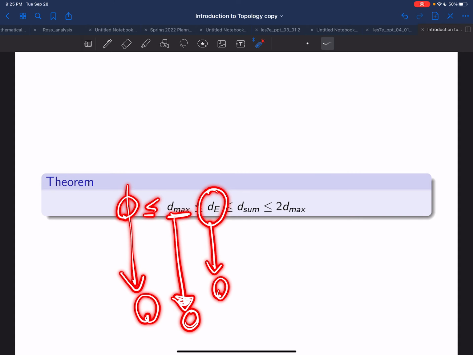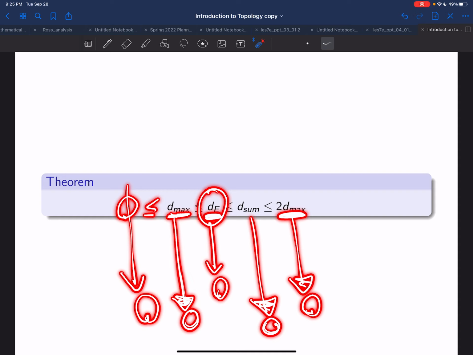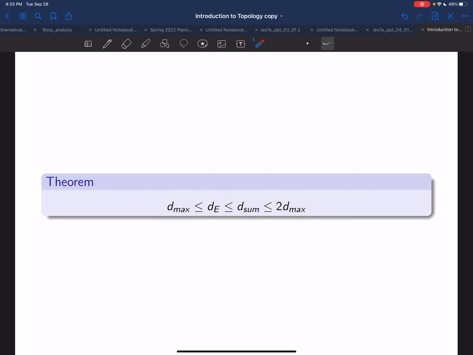And now once we know that this is going to 0, 2 times it is also going to 0. And now we have this is going to 0, this is going to 0. So we're going to 0 in our sum metric. And I won't go through all the different cases, but you can see that convergence in one of these implies convergence in all of them.